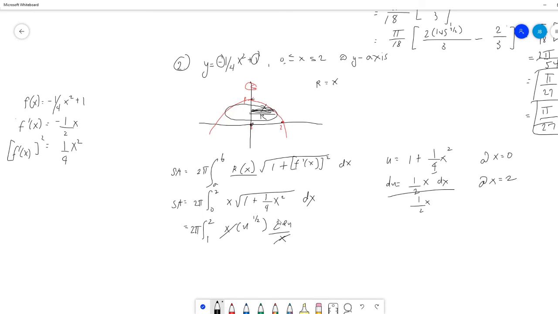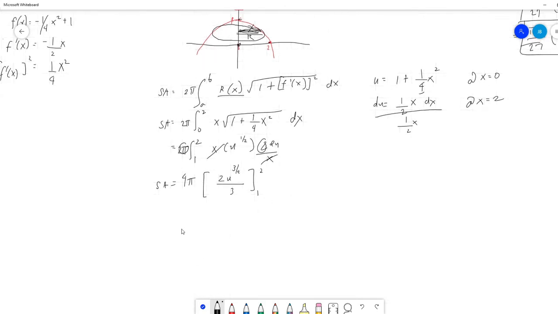Okay, then let's join 2 and 2 pi all together. So, as surface area is 4 pi from 1 to 2. So yeah, sorry, 4 pi. So, u 1/2, so 1/2 plus 1, that's again 3 halves. So 2u 3 halves over 3 from 1 to 2.